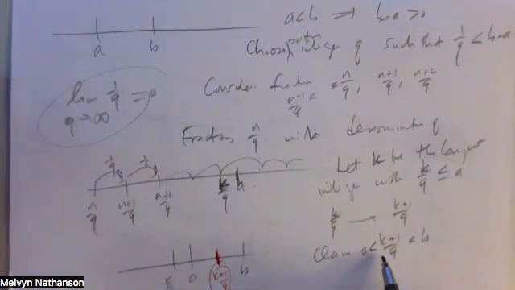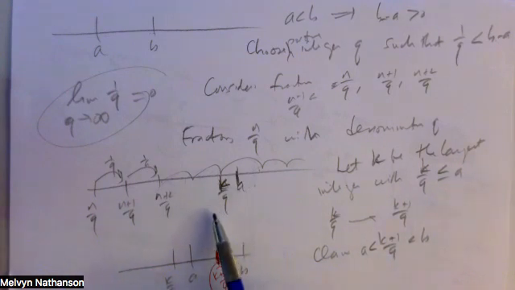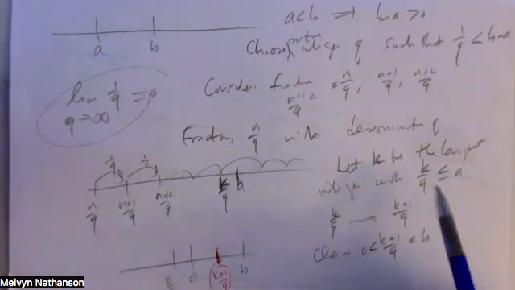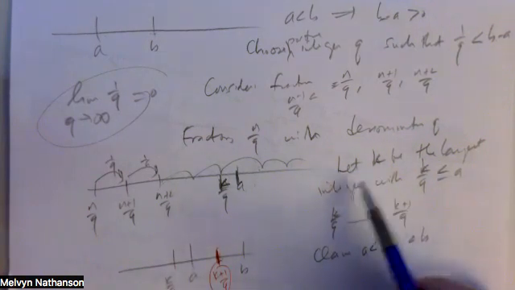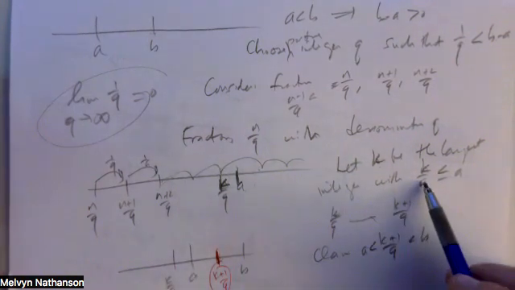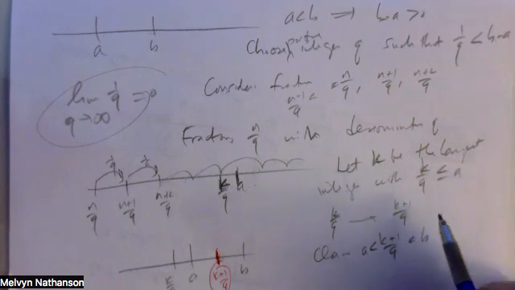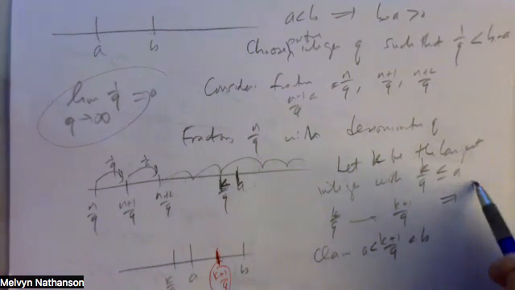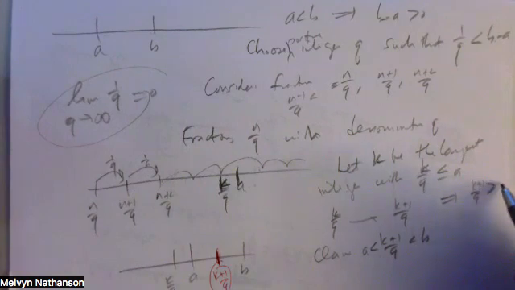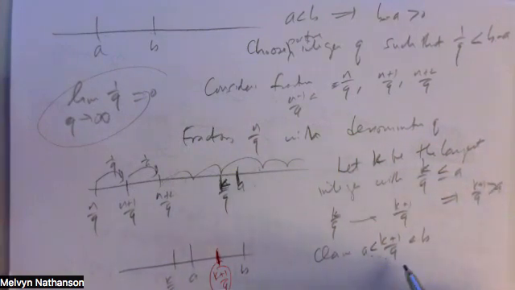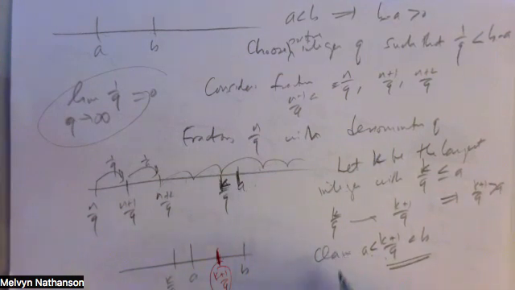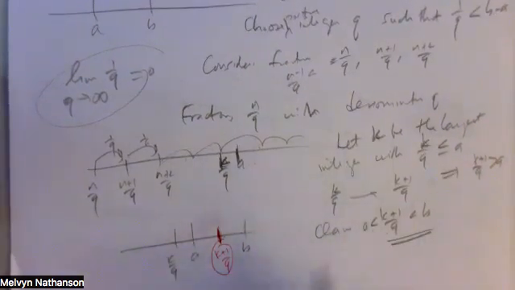Now, of course, we know k plus 1 over q is bigger than a because k is the largest integer where k over q is less than or equal to a. So this means that k plus 1 over q has to be bigger than a. But I also claim that it's less than b. So I claim k plus 1 over q is strictly less than b. This will be proved by contradiction.